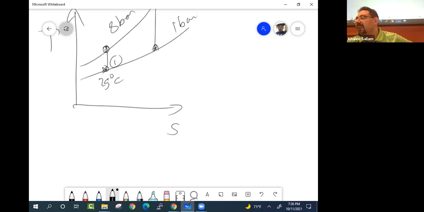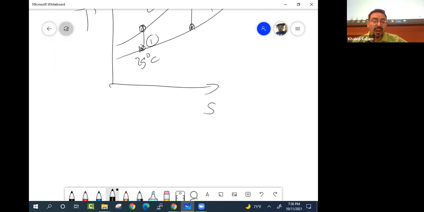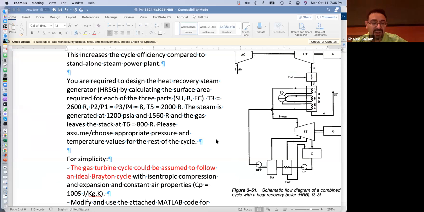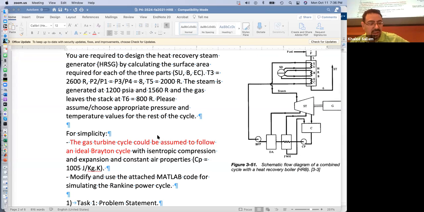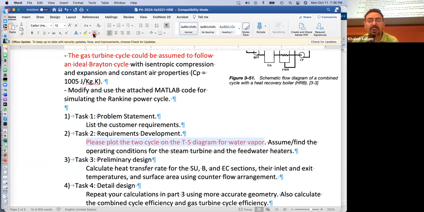So this is weird because in the project, I tell you I want you to plot the two of them. So listen carefully because this part is really confusing. I thought it was horrible for me to write this, but please look at this. Please plot the two cycles on the TS diagram for water vapor. So I hope that is clear. For water vapor.